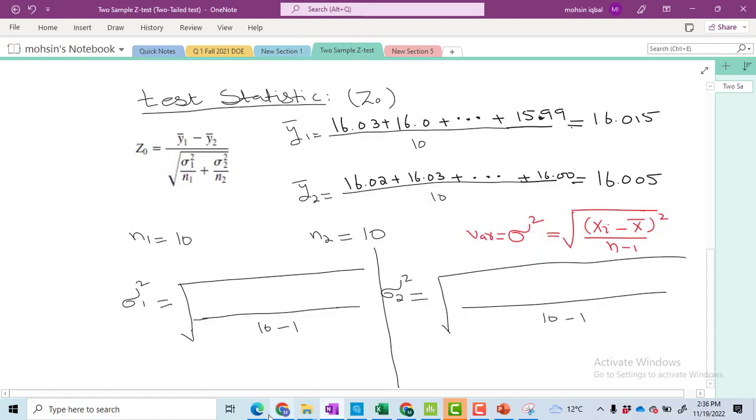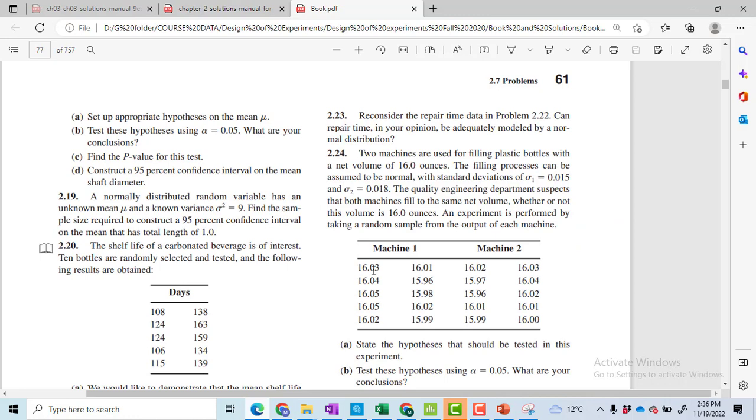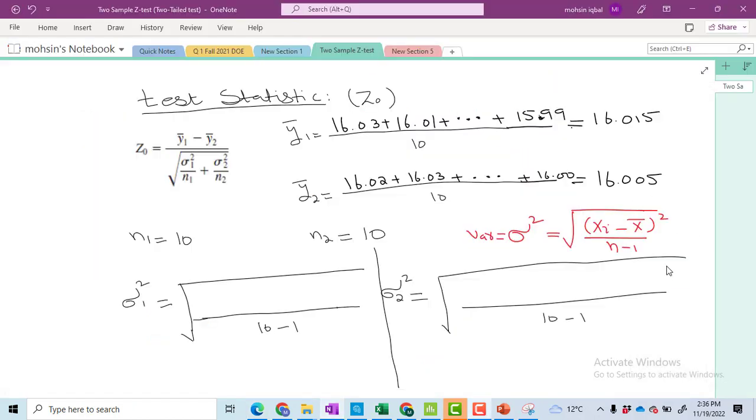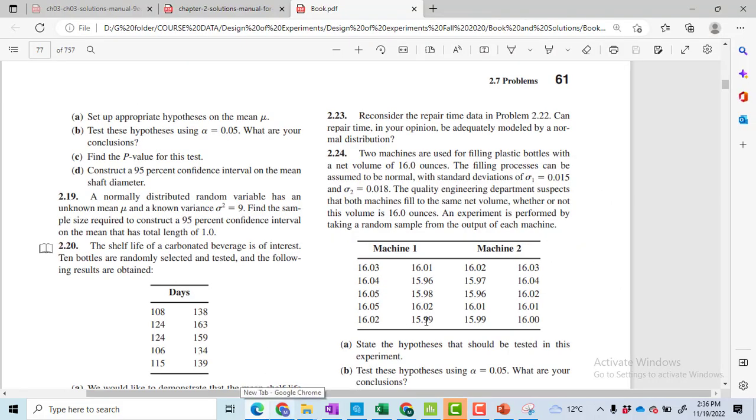From the book, that is 16.03 and 16.01, then a plus sign, then three dots, then again plus. After that you write the last value, 15.99, which is the last value of this sample.